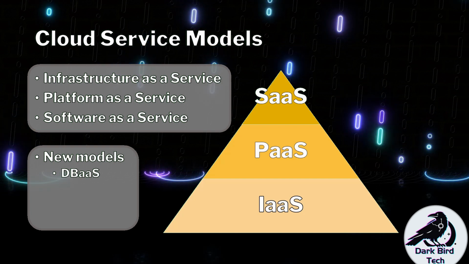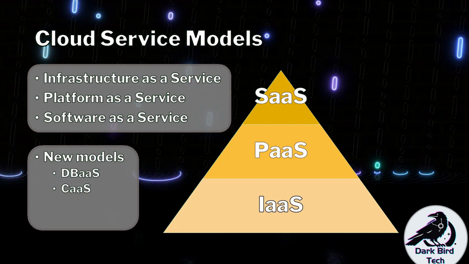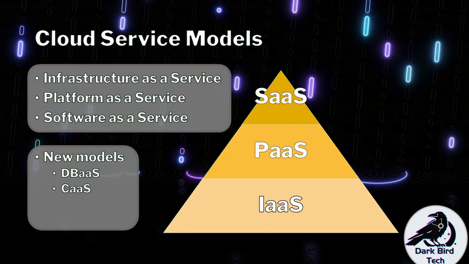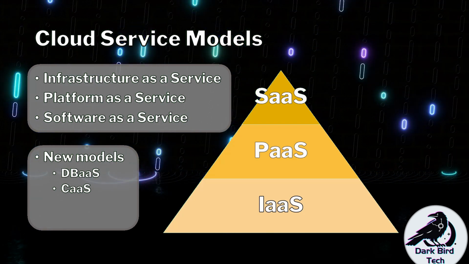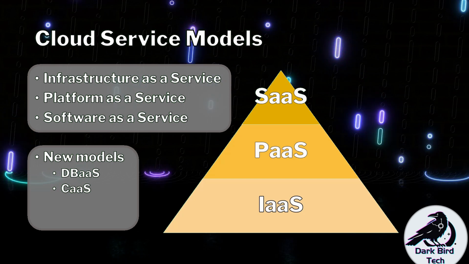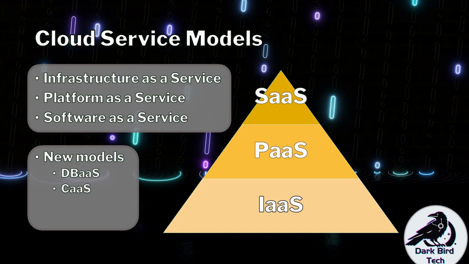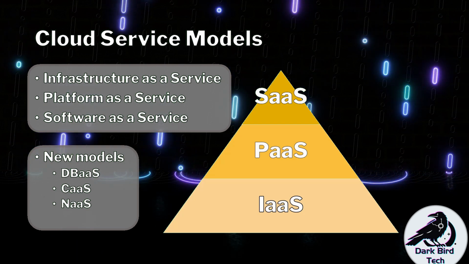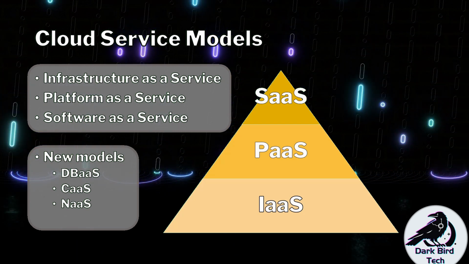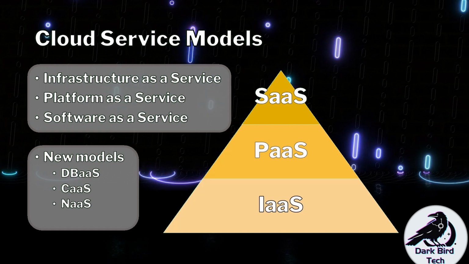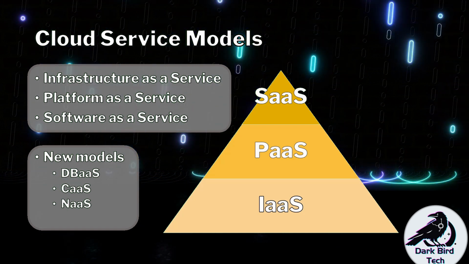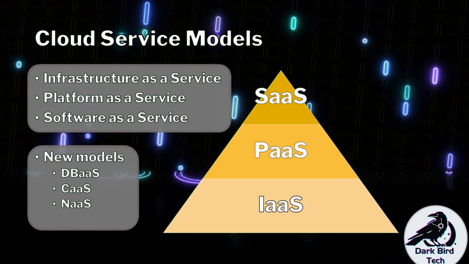I've also seen things like communications as a service, where your email, instant messaging, VoIP, you name it, for communicating, can become a singular integrated cloud service. I've seen things like network as a service, and I absolutely hate that name because a lot of people sit there when they're new to cloud and think, how can my network become a service when I kind of need it to get to the cloud?